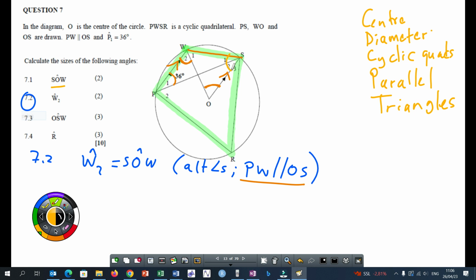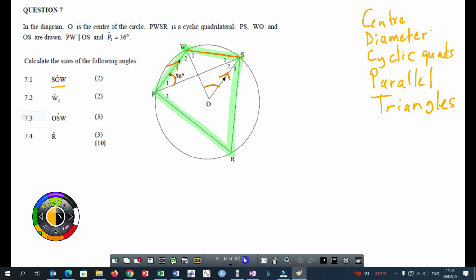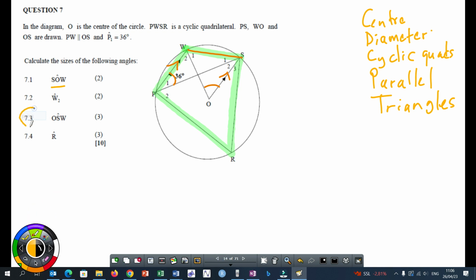We just have to use triangle WOS. Let me duplicate this because I need to do the last one. So 7.3: if I want to calculate the size of OSW, I need to use triangle WOS.